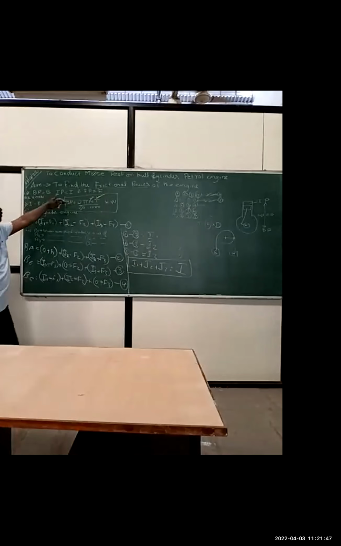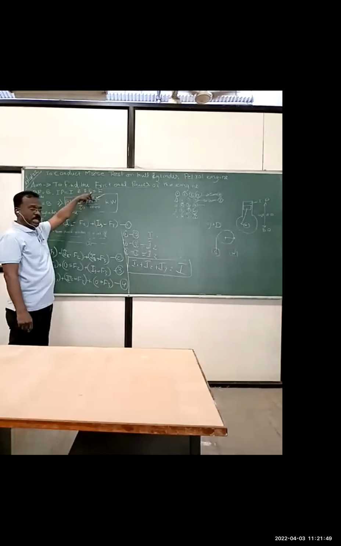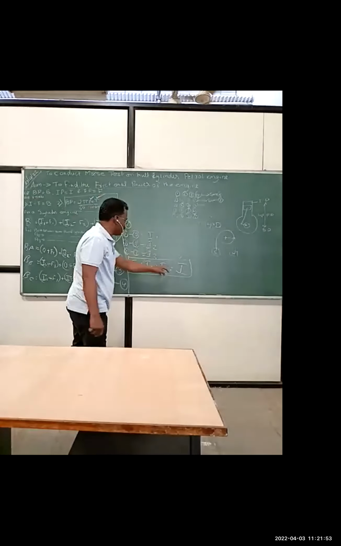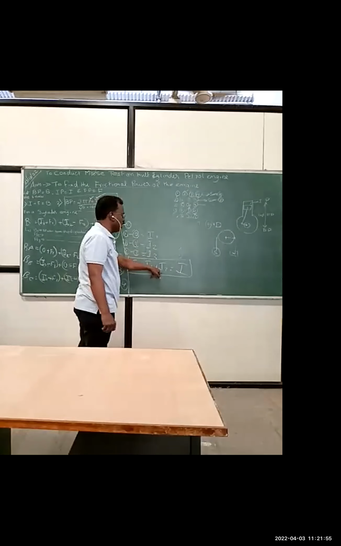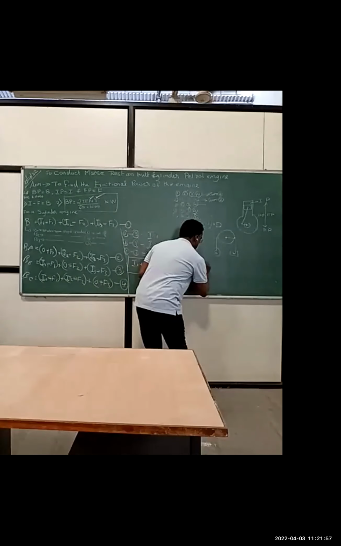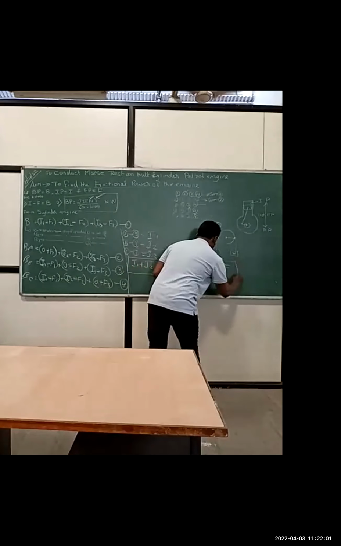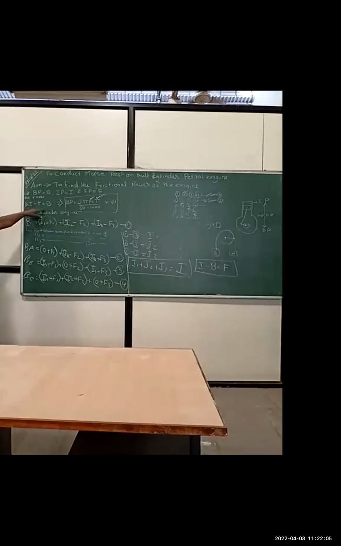But using the brake power, we are able to calculate I, which is equal to I1 plus I2 plus I3. And we know that I minus B is equal to F. This is the equation we have written here: I minus F, or this can be written as I minus B is equal to F.